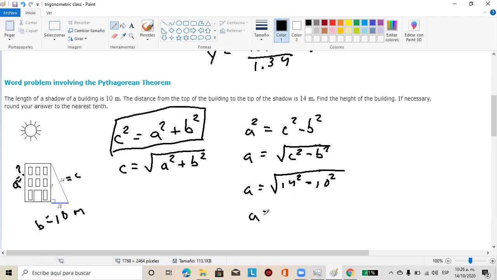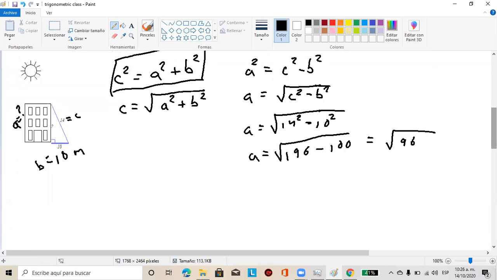So we have that A is equal to the square root of 14 squared, which is 196, minus 10 squared, which is 100. So this is the square root of 96.